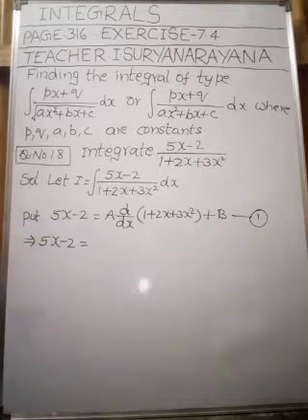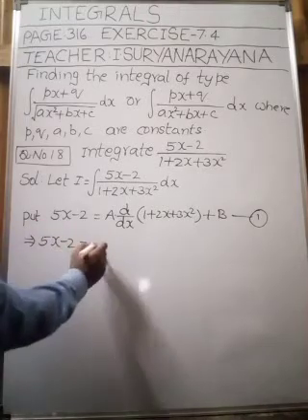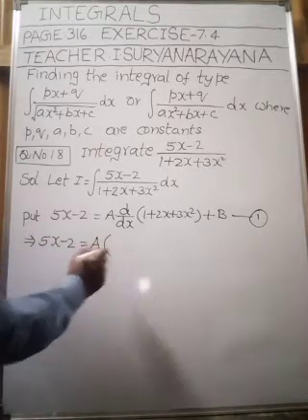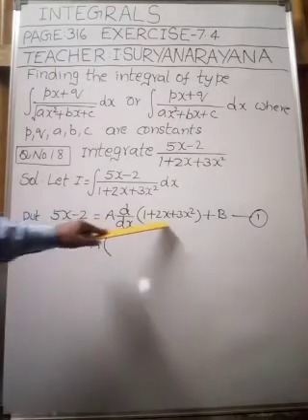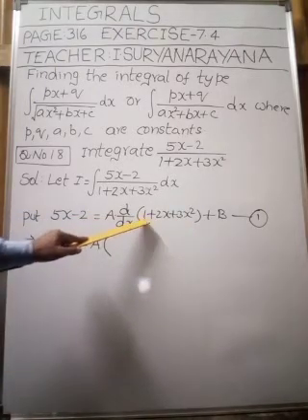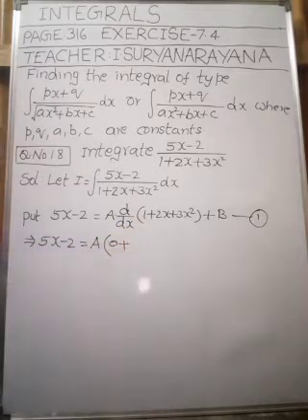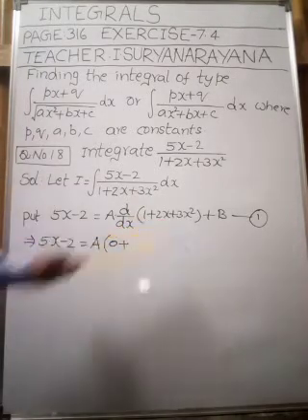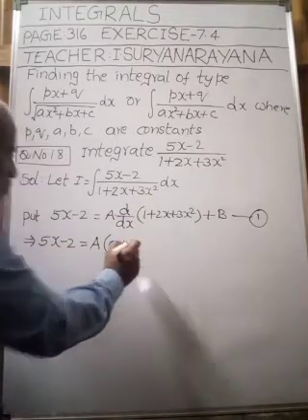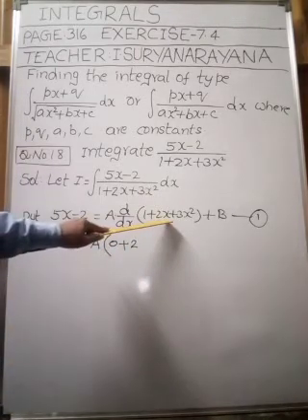This implies 5x minus 2. I am writing the LHS as it is. Now come to RHS. A into d by dx of this function; we have to find its derivative. What is the derivative of 1? 0, it is a constant. Then what is the derivative of the second term? 2 only, because 2 into d by dx of x is 1.